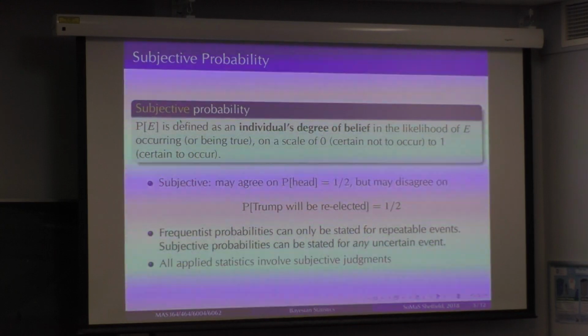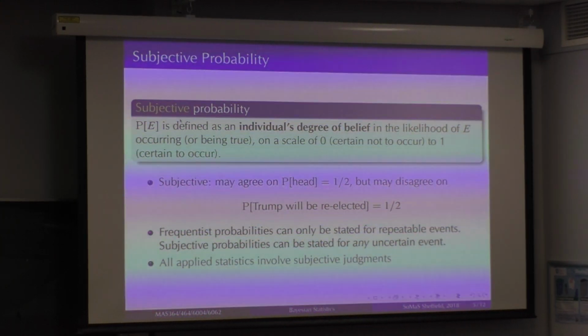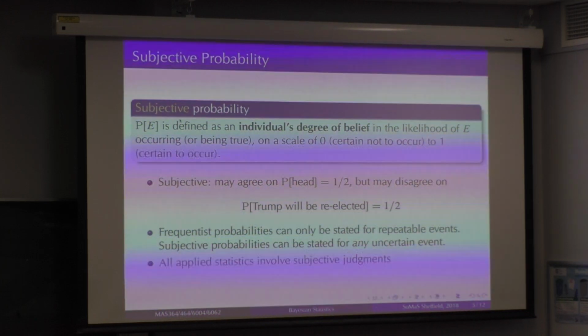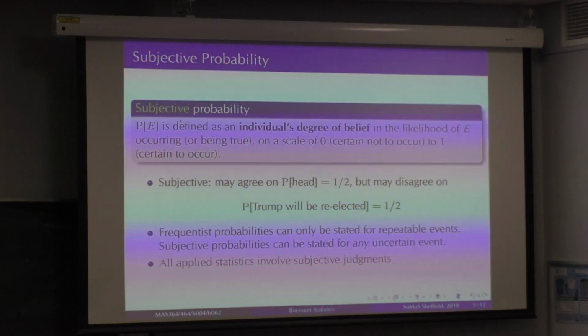Okay? And in any case, applied work always entails some subjective judgments. If you think about your model, so you want to do, again, inference on the GDP growth of the UK next year, the model that you select for this GDP growth will be absolutely subjective. You will have to choose the model, you will have to choose the parameterization, you will have to choose the way you analyze that model.